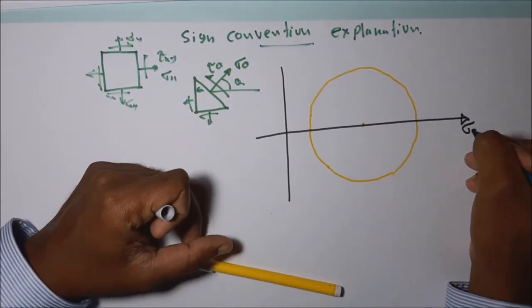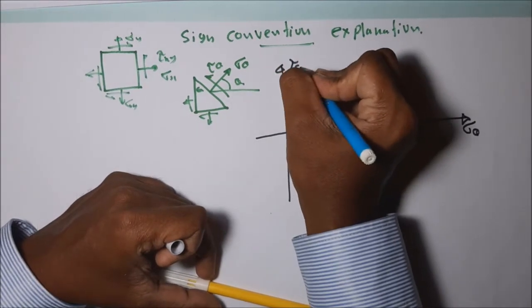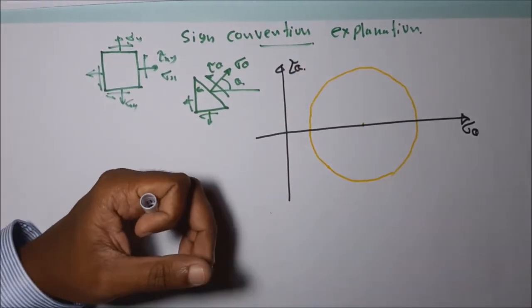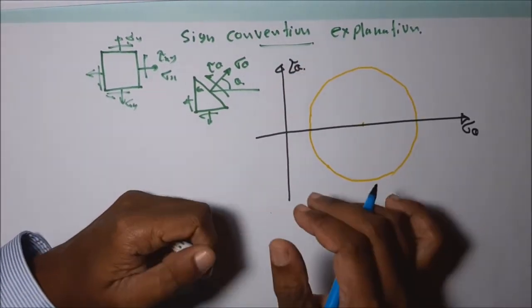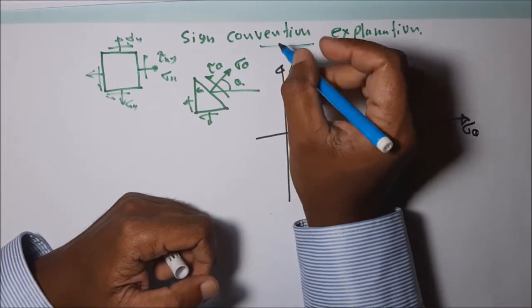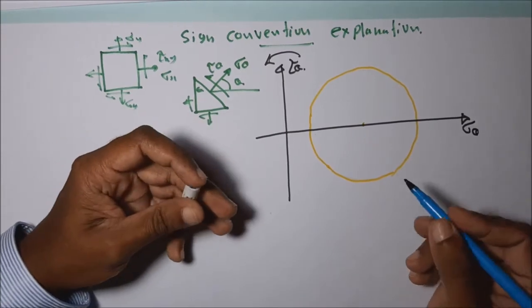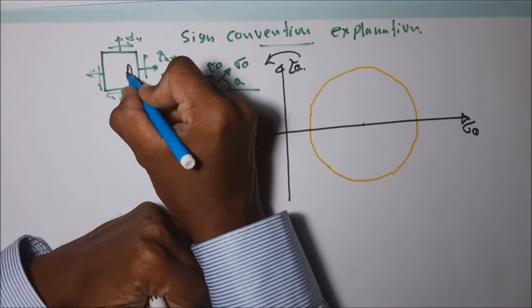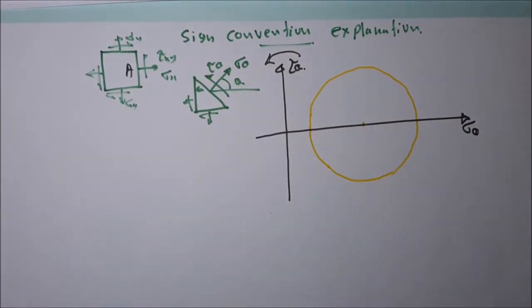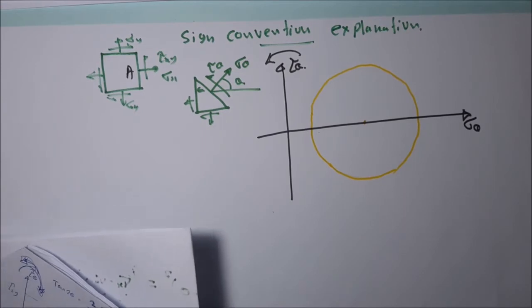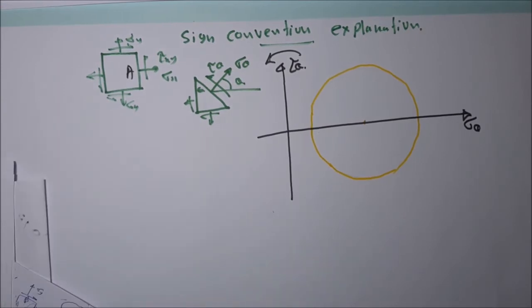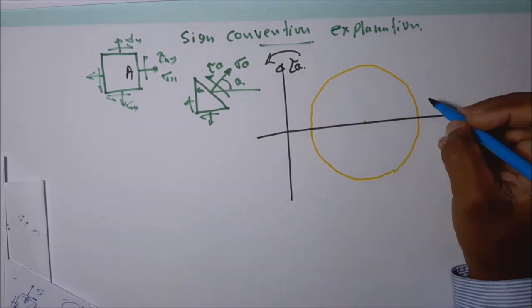This is sigma theta. This is tau theta. Let's assume we don't know which sign convention we have to use. Let's assume we take anti-clockwise shearing stress as positive for this diagram. Then we look at the A point, which is normal to the positive x coordinate direction. Let's locate A.